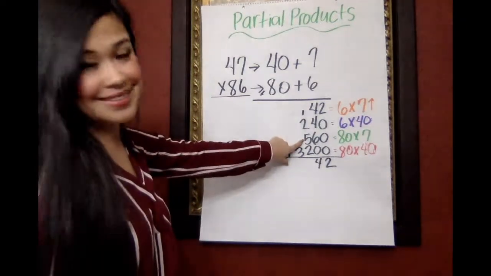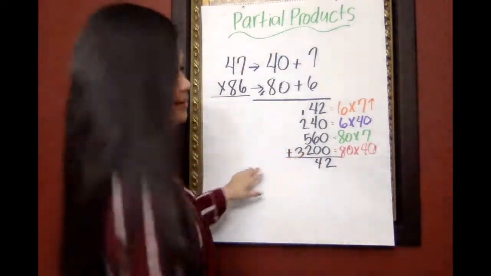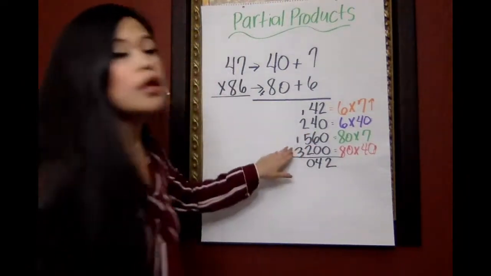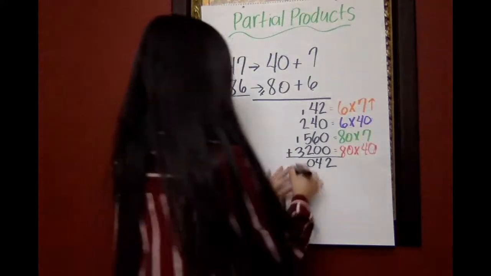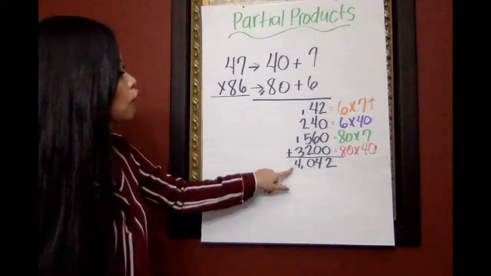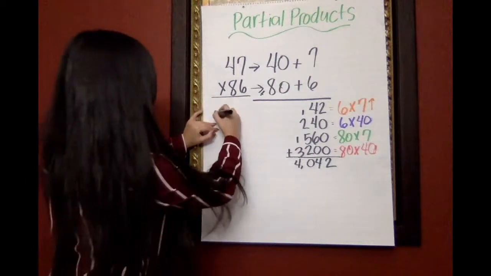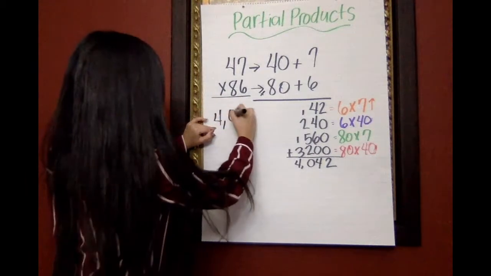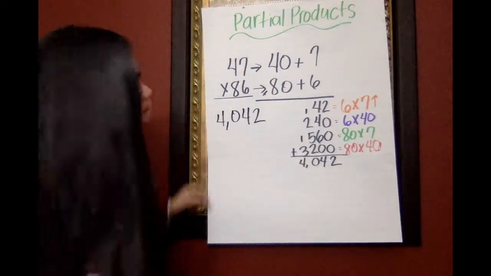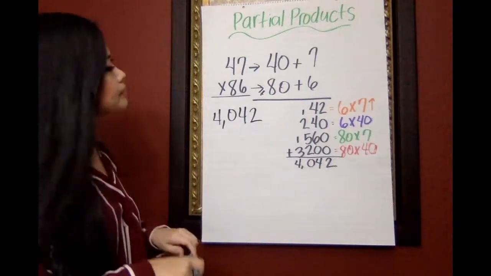Plus 5 is 8. Plus 2 is 10. Carry my 1. And 3 plus 1 is 4. So my product is 4,042. And that is my answer.